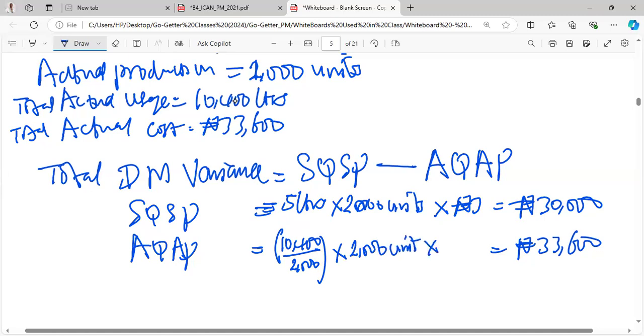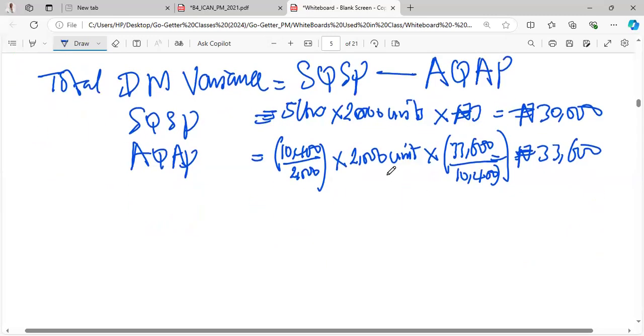If you want the price for one, you simply say 33,600 divided by 10,400. Everything here will give us 33,600.